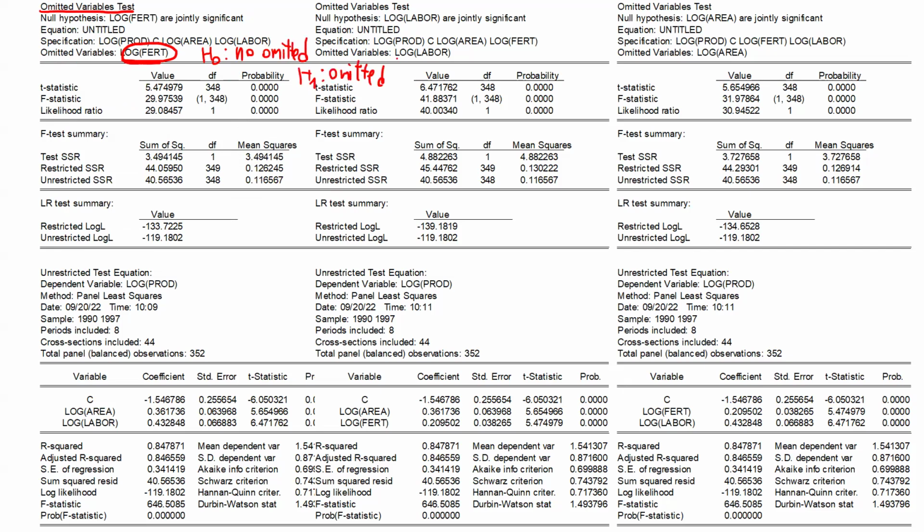And then for the omitted variable test, you have to look at the F statistic. Please answer me accordingly. H0 or H1? H1.